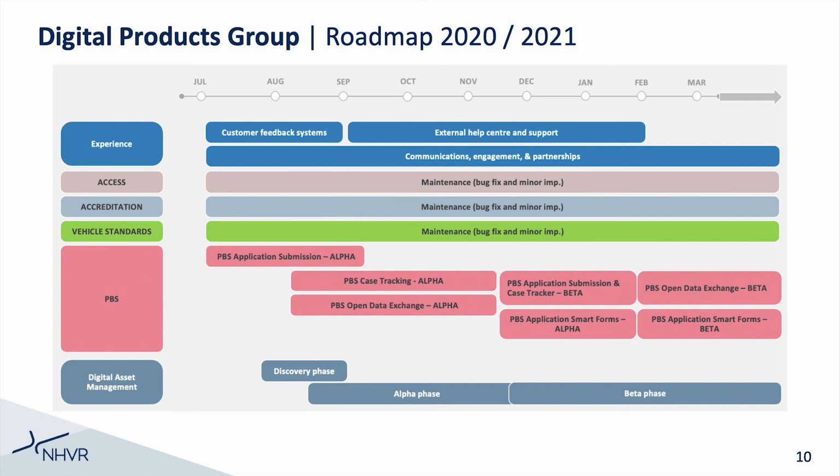That feedback is coming in and being prioritised by our business areas. And you'll see more of that flowing through coming into the new year with features and improvements specifically targeting operators and manufacturers from a vehicle standards perspective, and progressively certifiers and assessors once we move into a more live and operational system for PBS. Thanks, everyone.